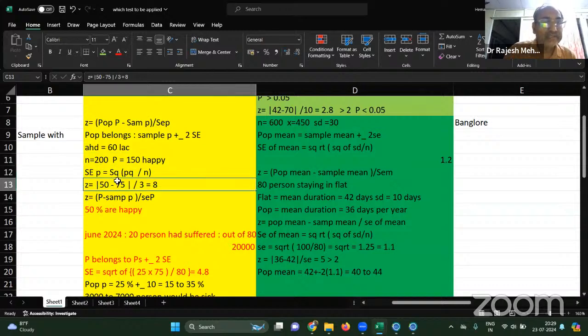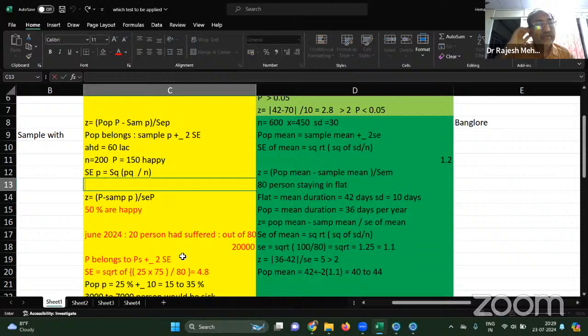So let's find out the square root of PQ upon N. Here P is 75% multiplied by Q, which is 25%, divided by 200. That will give you the approximate idea, and then you take the square root of it, and you will get the standard error of proportion.